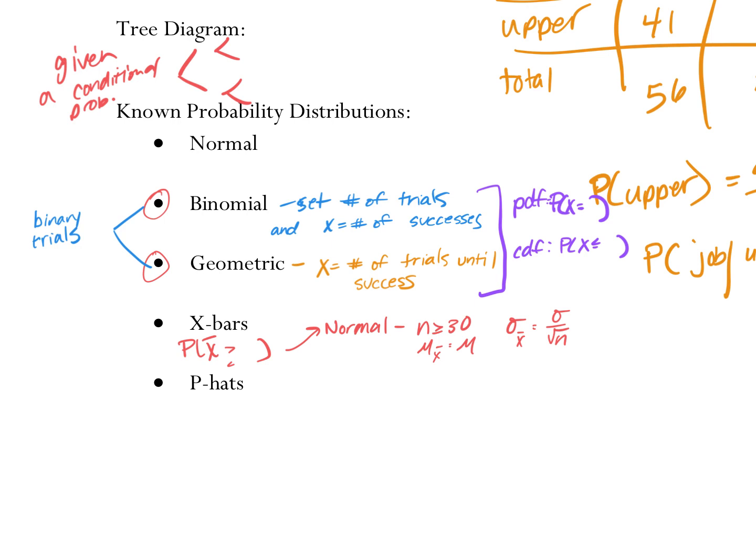And likewise, they might give you all the information you need to calculate a p-hat, and the same idea. So then you're going to use the normal distribution, and np greater than or equal to 10, and n times 1 minus p greater than or equal to 10. And then the mean and the standard deviation, and those formulas are on that formula sheet.